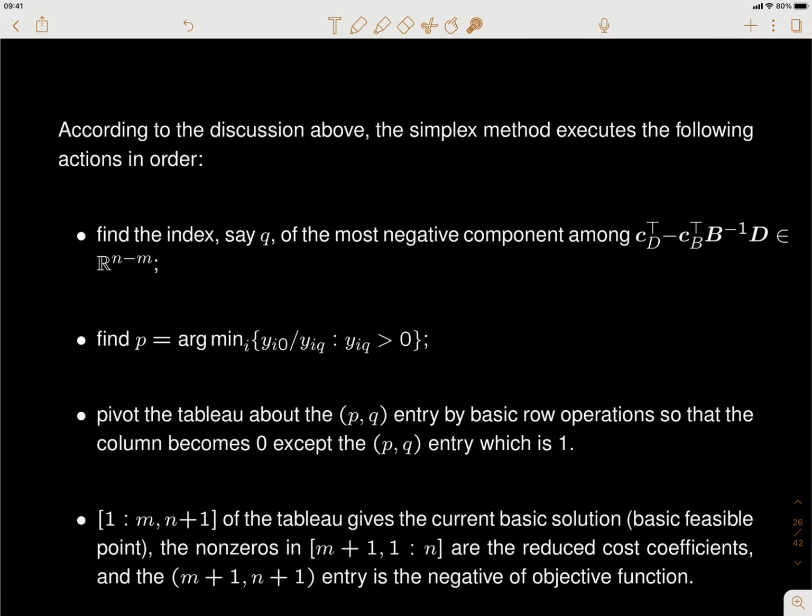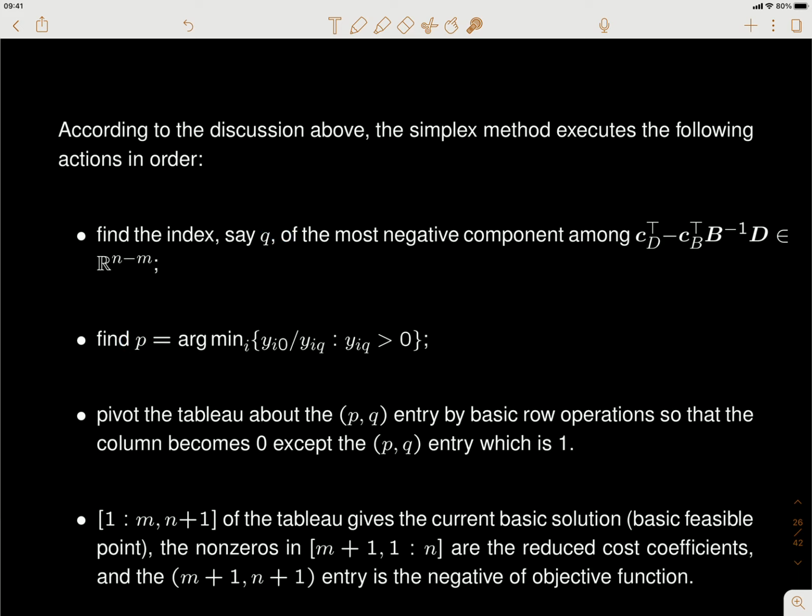So that's this step: find the P such that Y_i0 divided by Y_iQ is the smallest for a positive Y_iQ. This is essentially choosing the minimum value, the epsilon, and the argmin means which index reaches the minimum. So we found Q first, and then P afterwards.